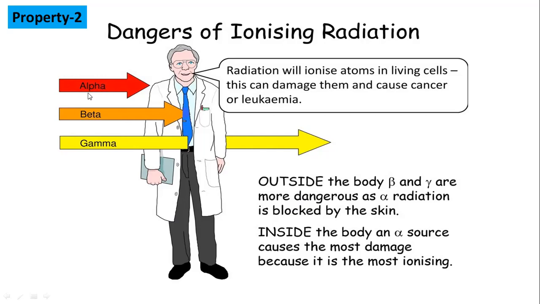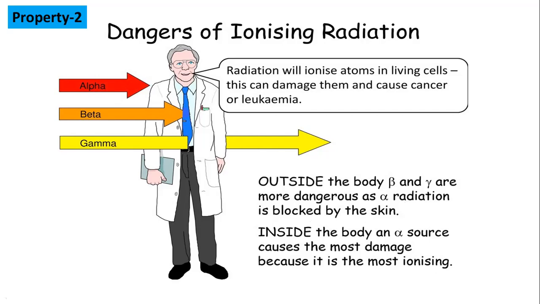Outside the body, it is the beta and the gamma. Beta and gamma are more dangerous, as alpha radiation is blocked by the skin, and it is even stopped by paper.